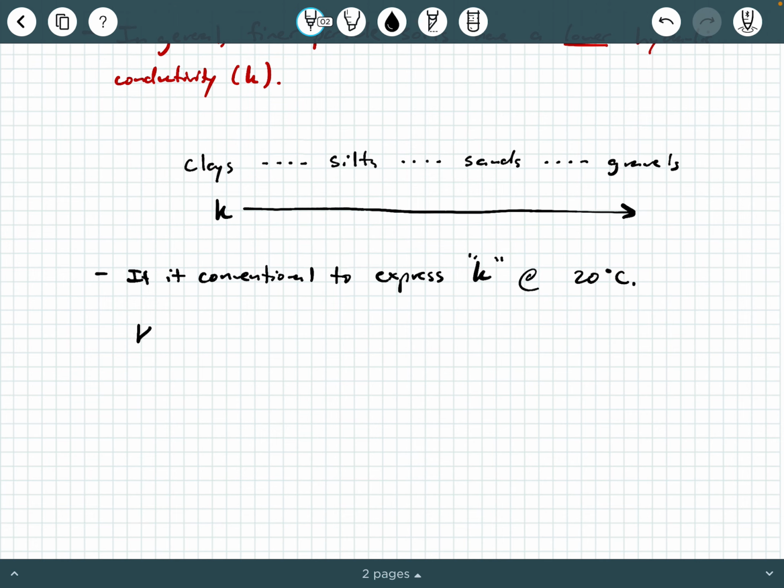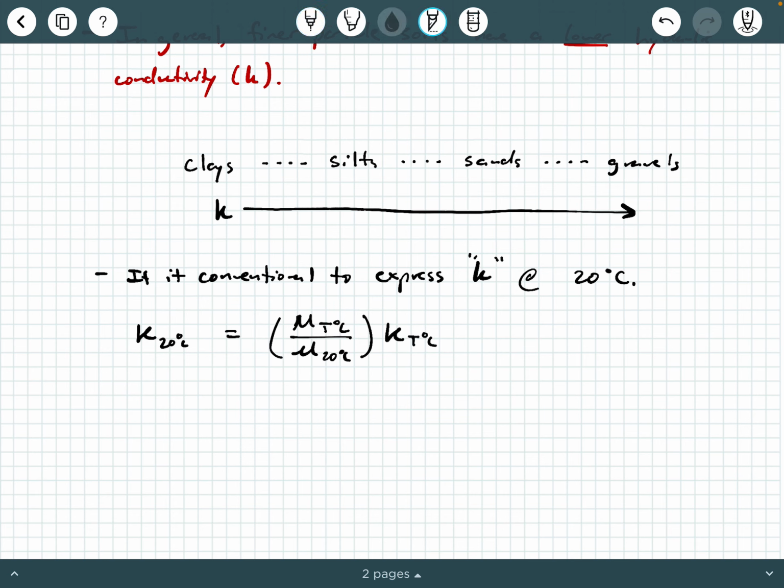The equivalent hydraulic conductivity at 20 degrees Celsius will be equal to the viscosity of your water at whatever temperature in Celsius that you have, divided by the viscosity of the water at 20 degrees Celsius, and you multiply that by the hydraulic conductivity at that temperature that you are dealing with.